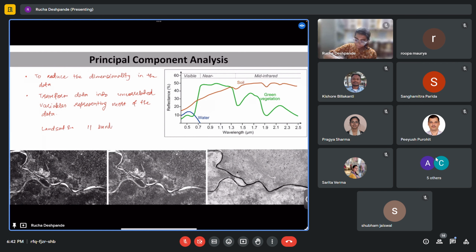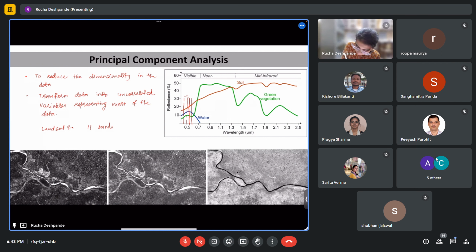All these bands span different intervals in the electromagnetic spectrum. Now, for many of these bands, the reflectance of the materials is more or less the same. For example, we looked at these images in the second interaction session also.